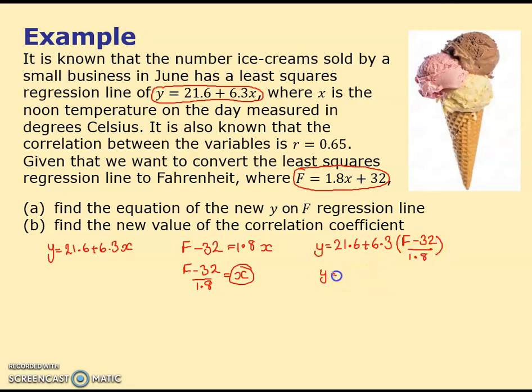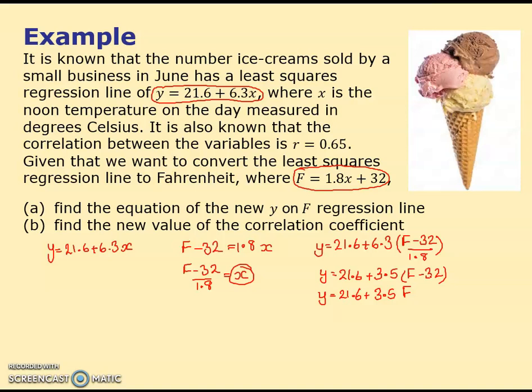What's that give me? Y equals 21.6 plus, now 6.3 has to be divided by 1.8. That's probably the easiest way of doing it. And I get 3.5. Now I can multiply out the bracket. Y equals 21.6 plus 3.5F, then minus 3.5 times 32.